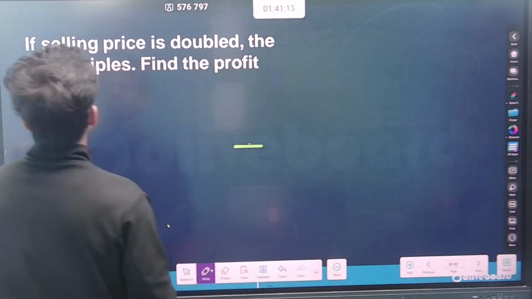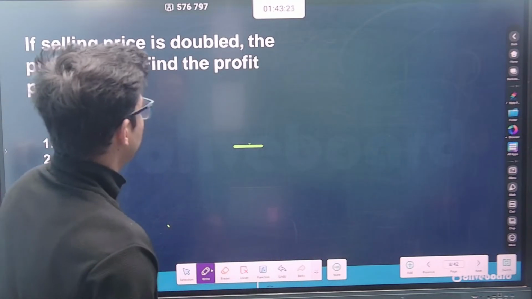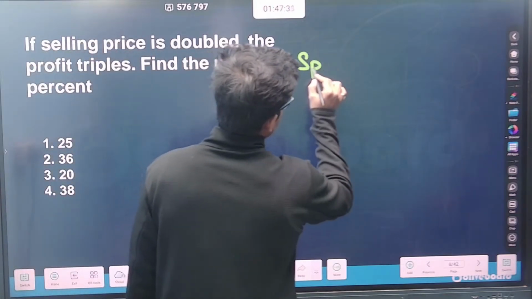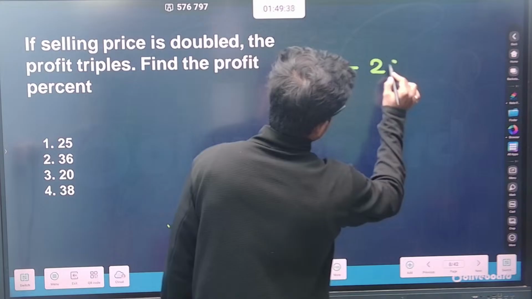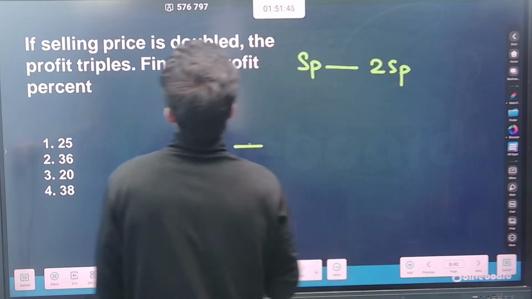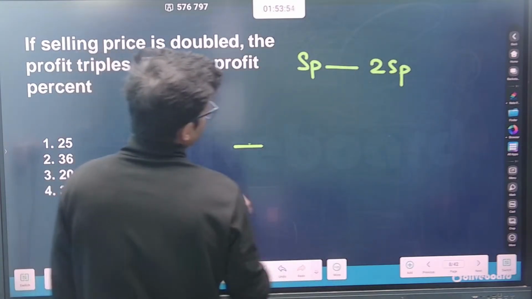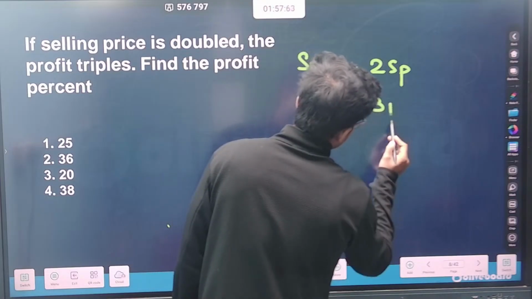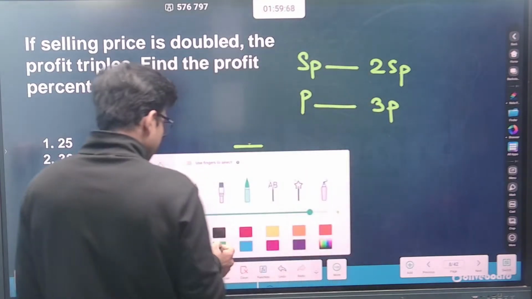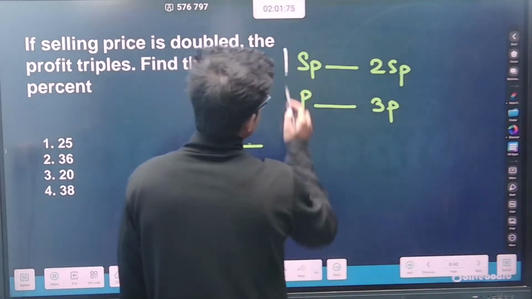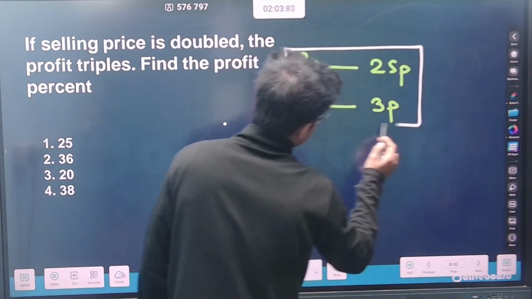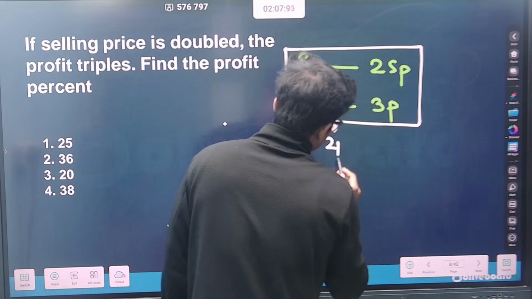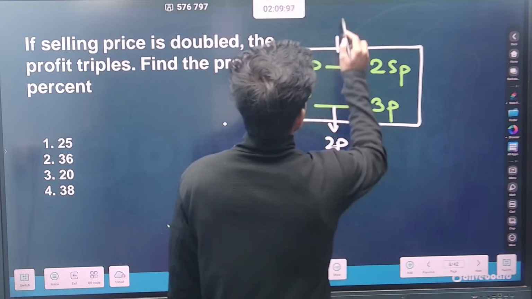The question is saying that if the selling price is initially SP and it is doubled, it becomes 2 SP, correct? The profit triples. If the profit is P, then my profit becomes 3P. From these 2 points, the difference of 2P would be equal to the difference of SP.